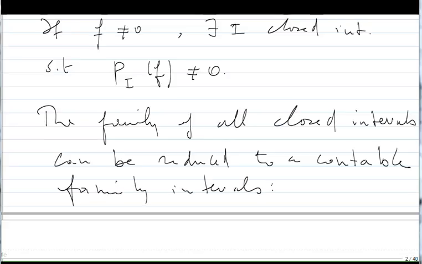In this case, of course, the family is the intervals from minus n to n, with n greater than or equal to 1. So you see, we have a countable family, and we now have a countable family of functions.